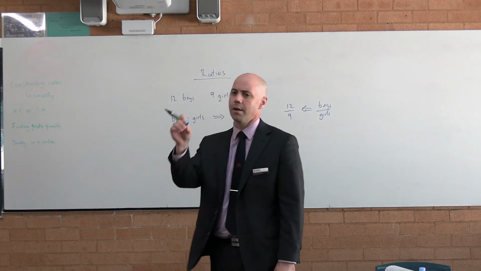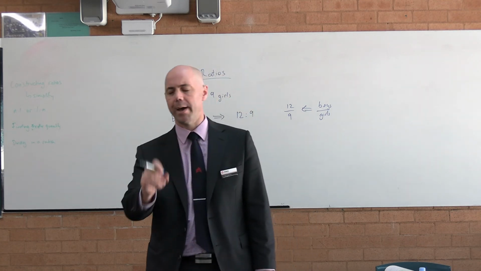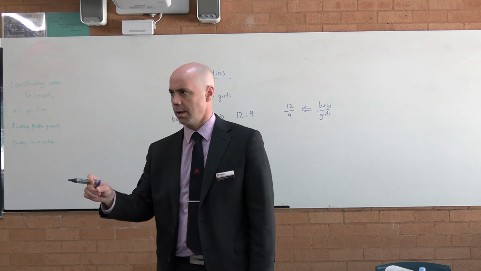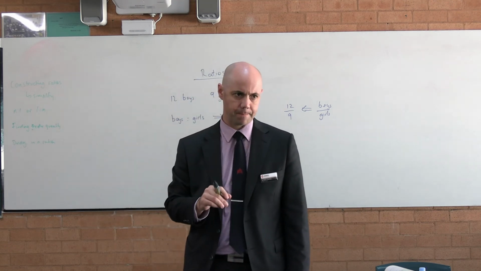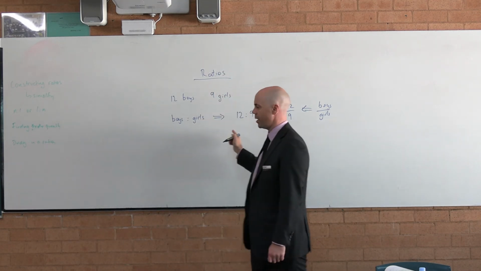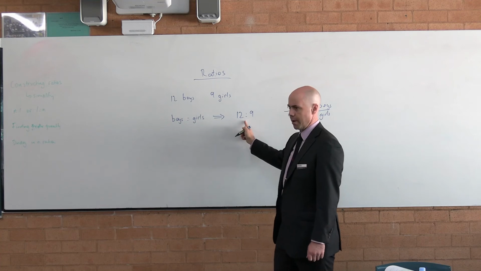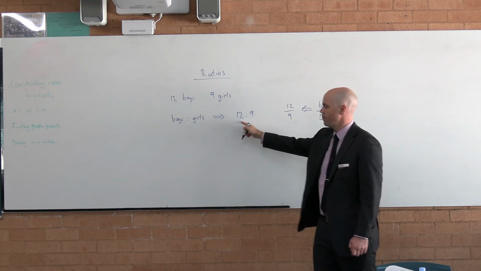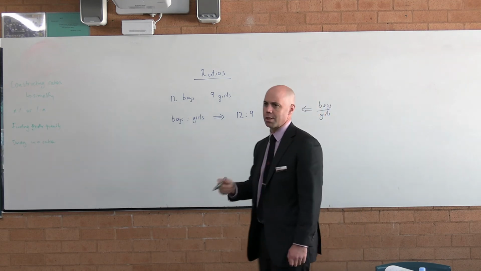And just as in fractions, the way to change ratios is by multiplying or dividing. So when we come to look at this ratio, we say, all right, what can we do to this ratio to simplify it?